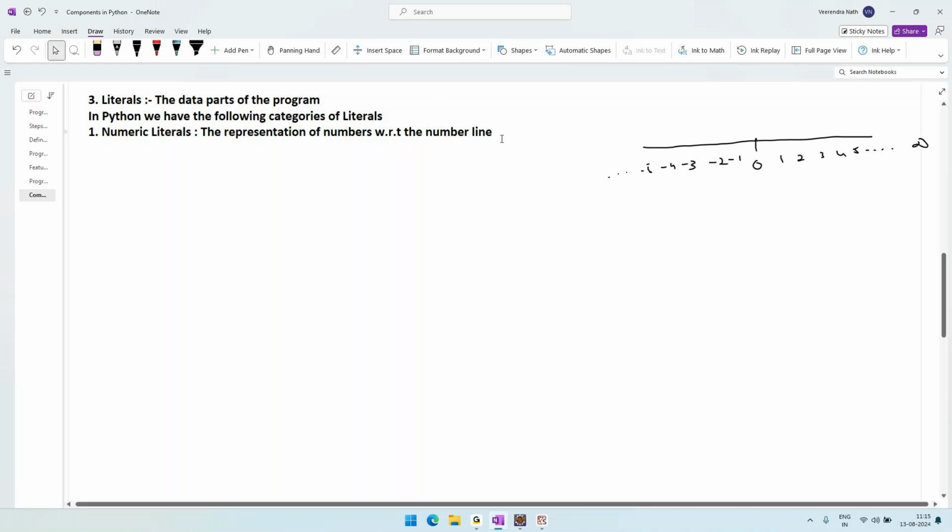Okay, so with reference to the number line, the representation of numbers, we can also call it as numeric data.